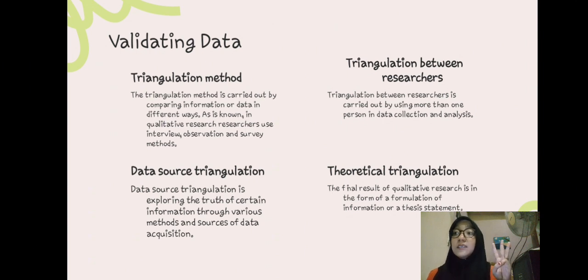Number 3, data source triangulation. Data source triangulation is exploring the truth of certain information through various methods and sources of data acquisition. Number 4, theoretical triangulation. The final result of qualitative research is in the form of a formulation of information or a thesis statement.